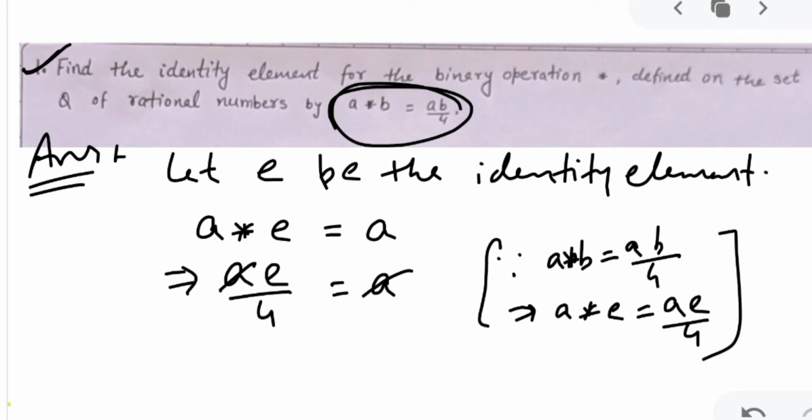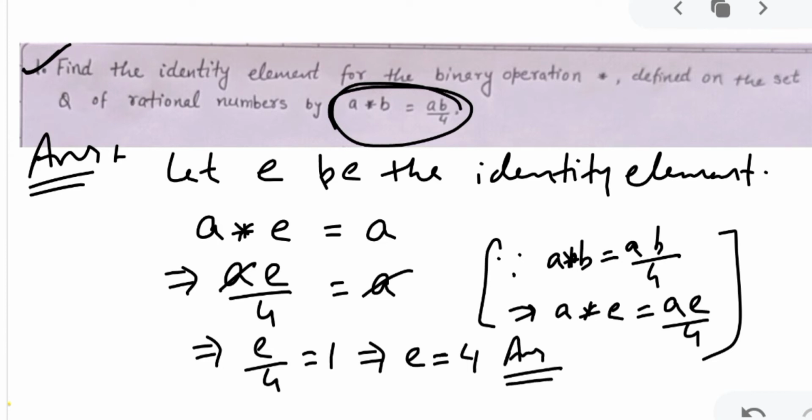Okay, so this operation I did. In this way you get E upon 4 equal to 1. By cross multiplication you will get 1 into 4, that is 4, and that will be your answer. Identity element is 4. So the first question is clear.